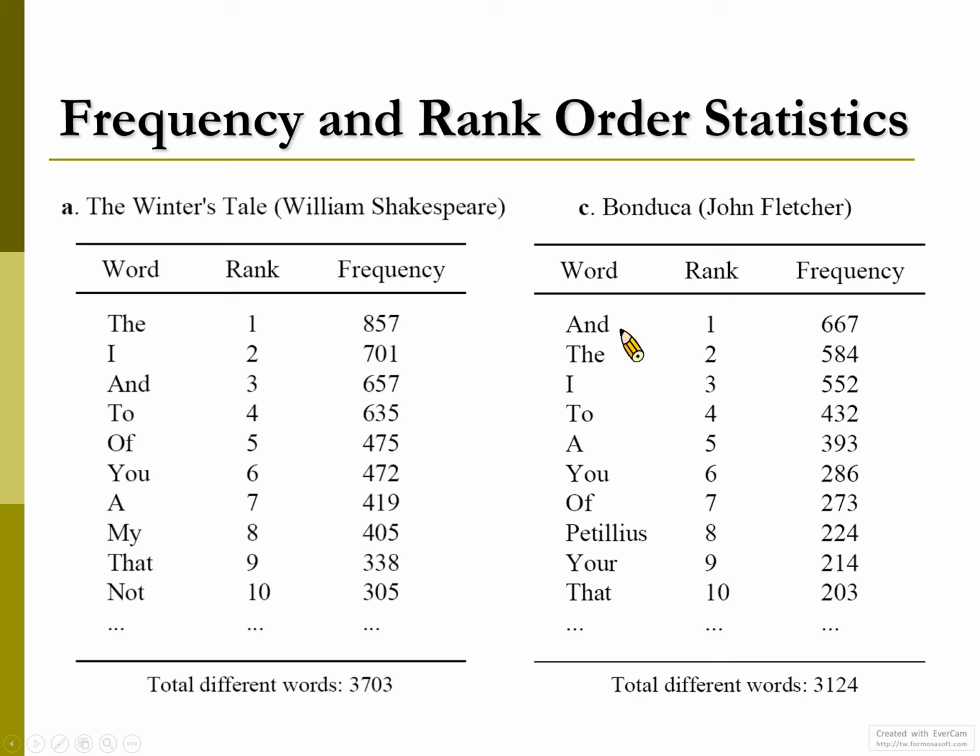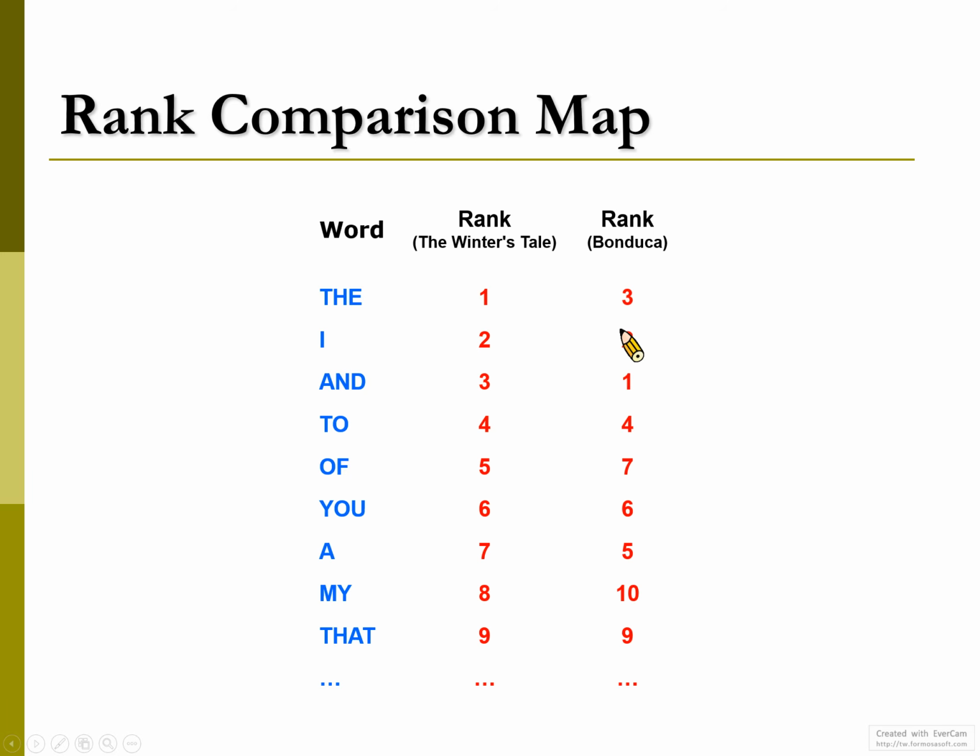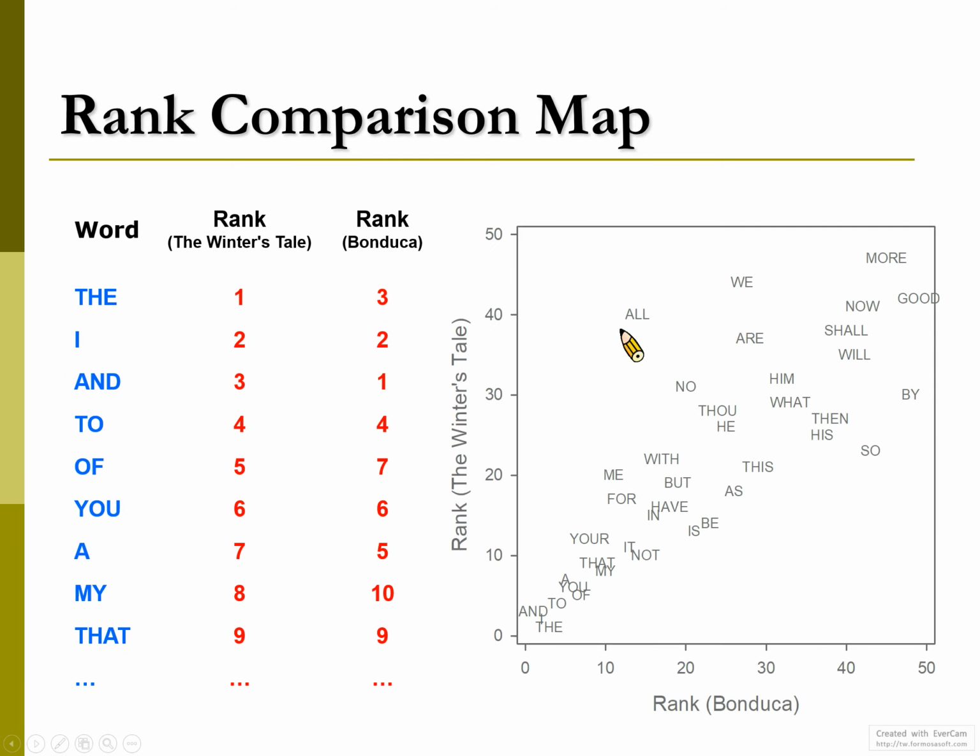Probably from the previous course, you will think that we can measure the correlations, we can measure the distance. In this case, I will use a special visualization to measure the distance between these two rank orders.